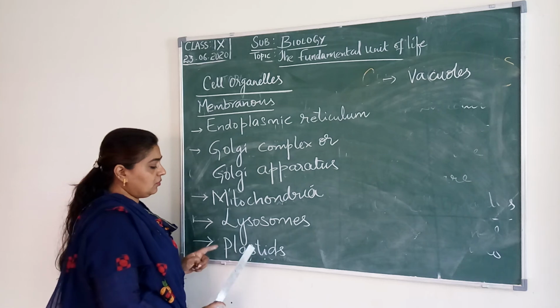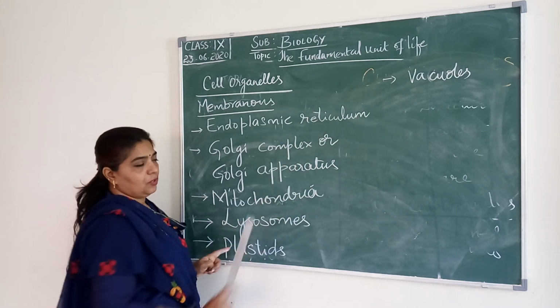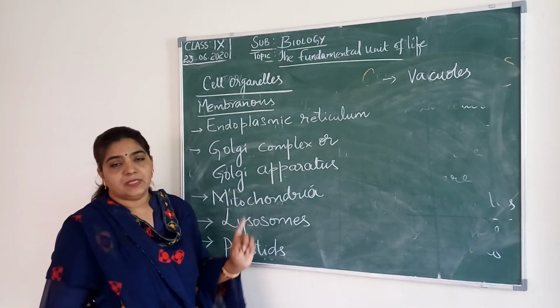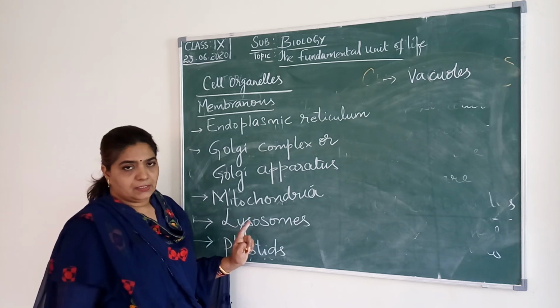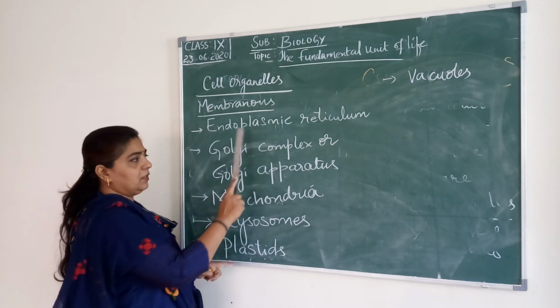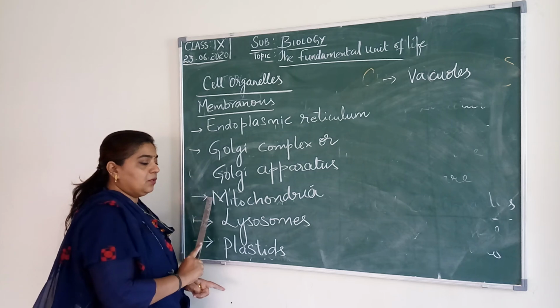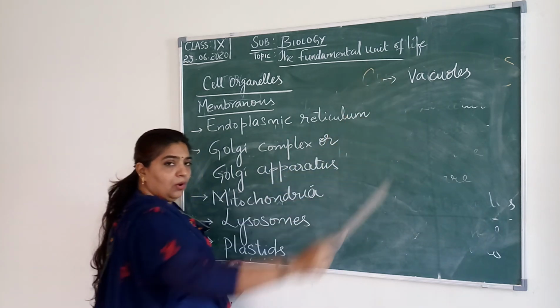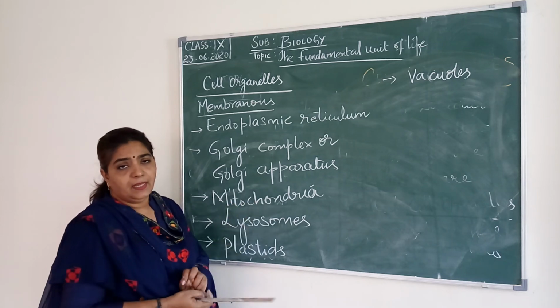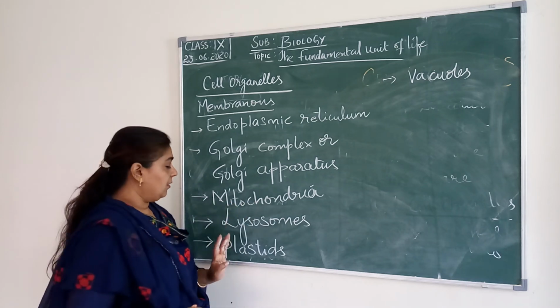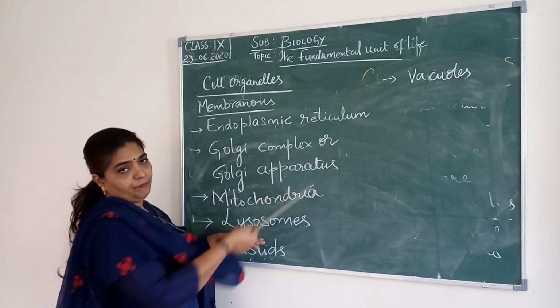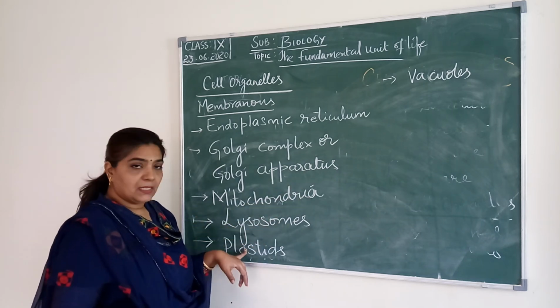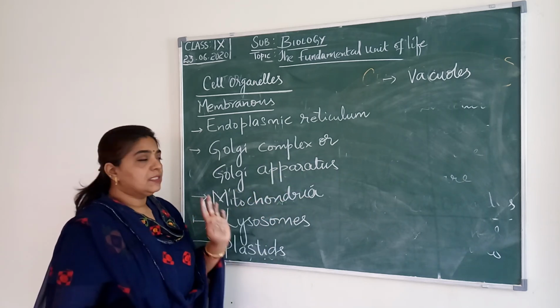Plastids and vacuoles are present only in the plant cell. The plant cell has endoplasmic reticulum, Golgi complex, mitochondria, lysosome, plastids and vacuole. In animal cells, plastids and vacuoles are absent.